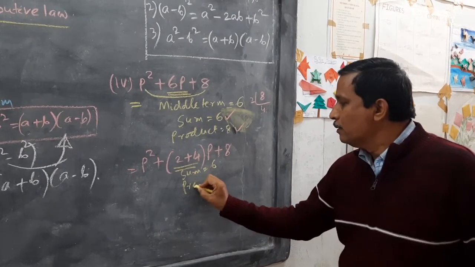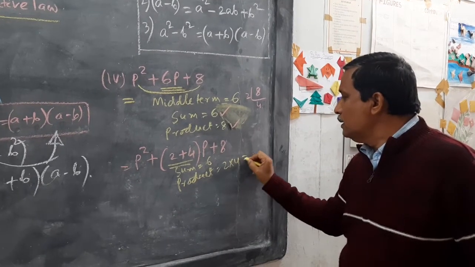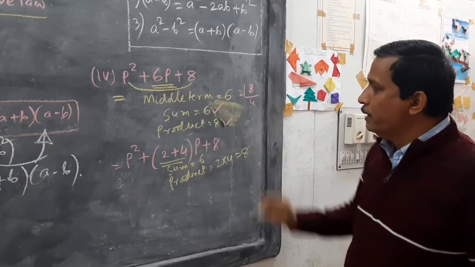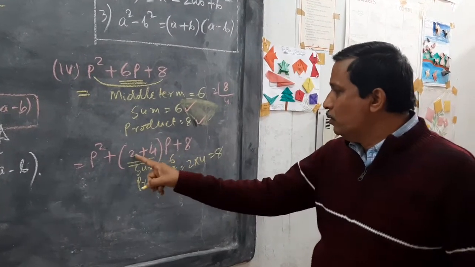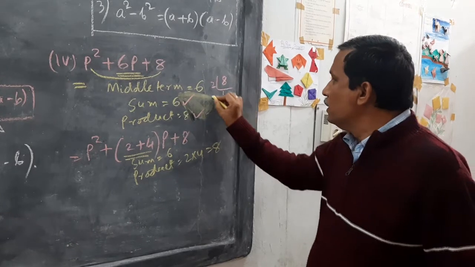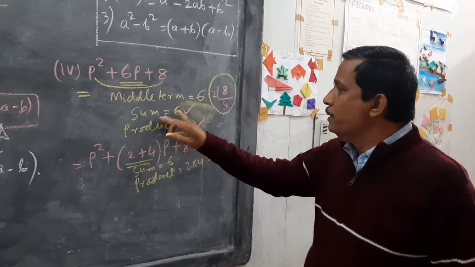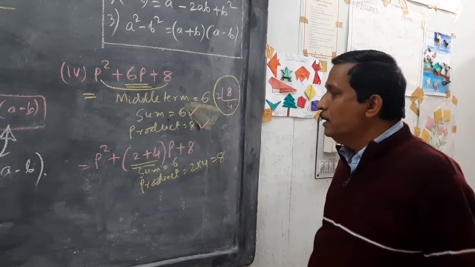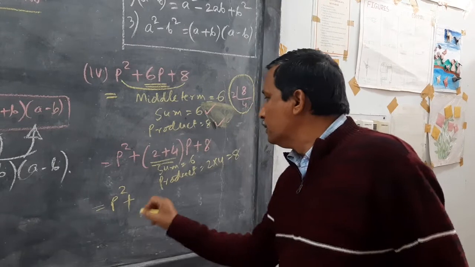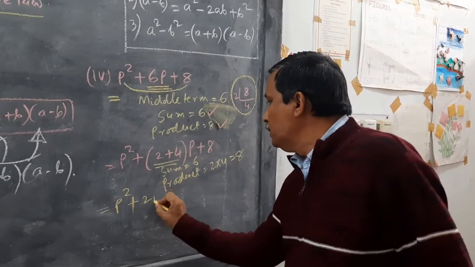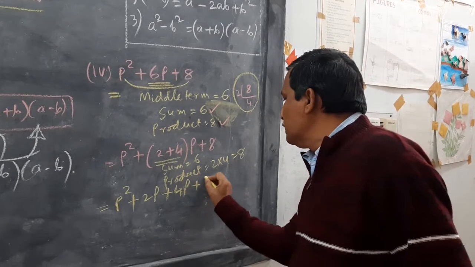Similarly the product: 2 into 4 is 8. So our condition is fulfilled. So 2 plus 4 is 6 and 2 into 4 is 8. In this way, you have to factorize in such a manner that the sum will be 6 and the product will be 8. Now open the bracket: p square plus 2p plus 4p plus 8.